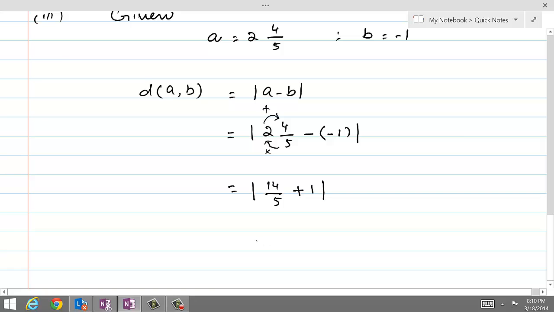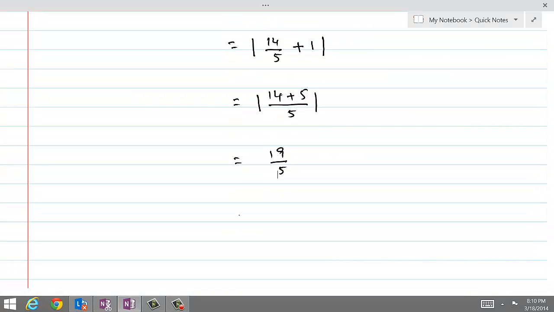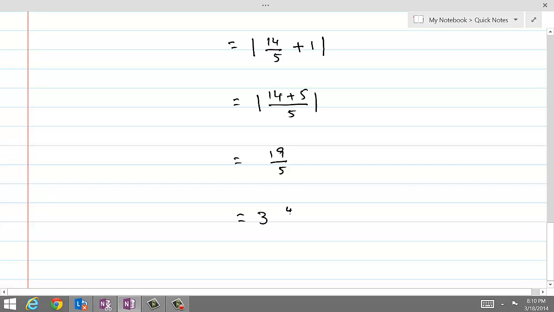This is equal to 14 plus 5 over 5. If you take the LCM, you know how to simplify fractions. So this will give you 19 over 5. And 19 over 5, we can leave it as such, or if we want to convert it back into a mixed fraction, this will be 3 whole 4 over 5. This is how we can find the distance between two real numbers.